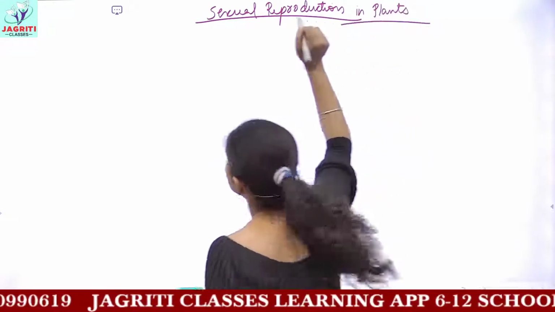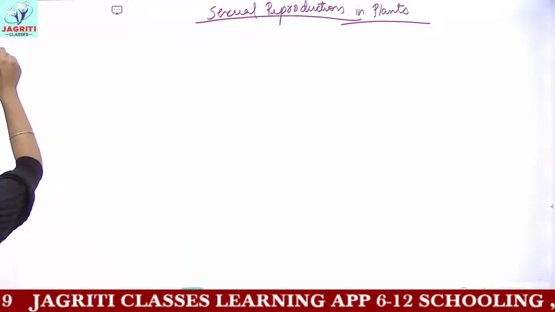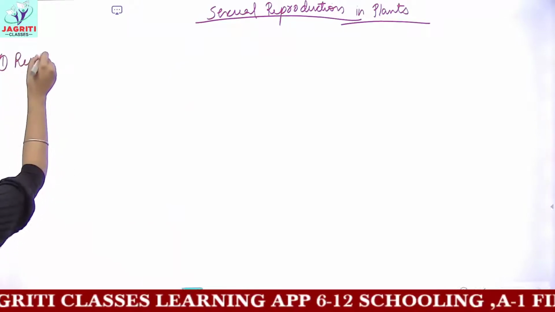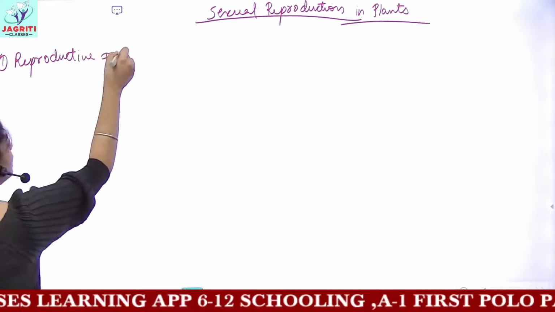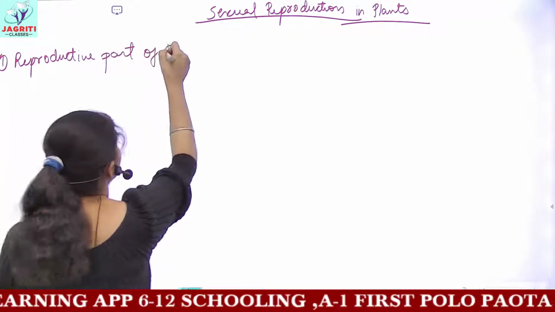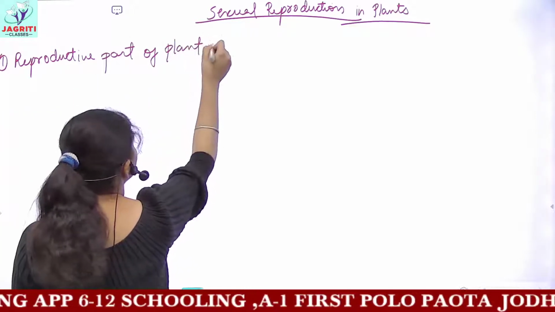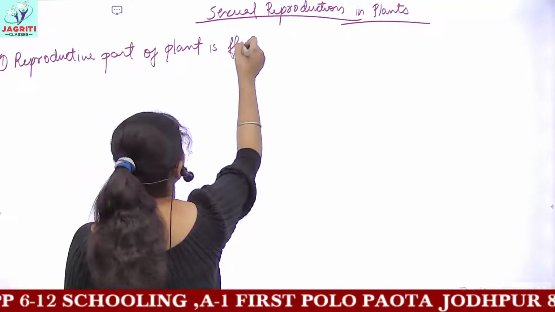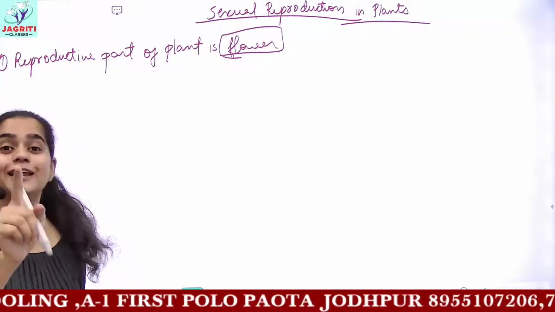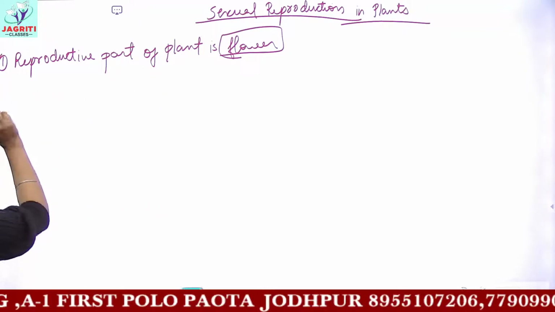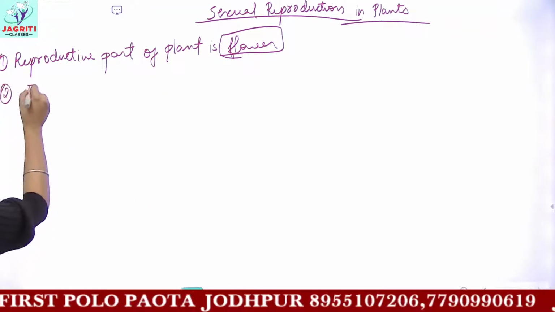For this you have to know that the reproductive part of the plant is the flower. Okay, you can say that the flower is the reproductive part of any plant, and in this flower you have different things.